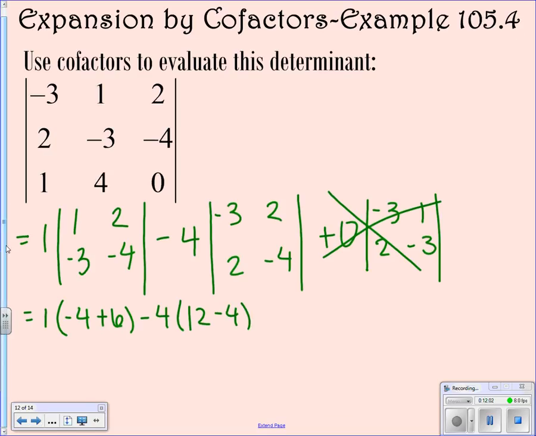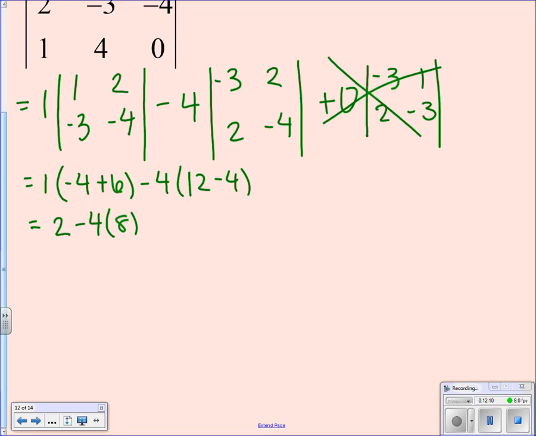And then you have negative 2, positive 2 minus 4 times 8. So that's 2 minus 32, which will give you a negative 30 for your answer. So if you would like, you can practice those with any row or any column that you want, but you should still come up with the same answer.